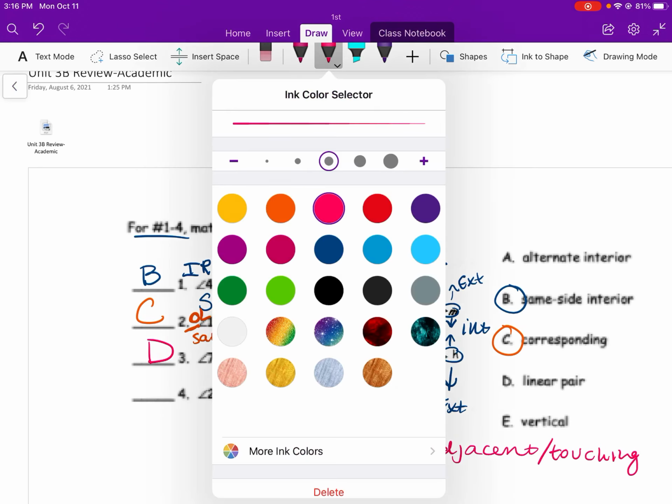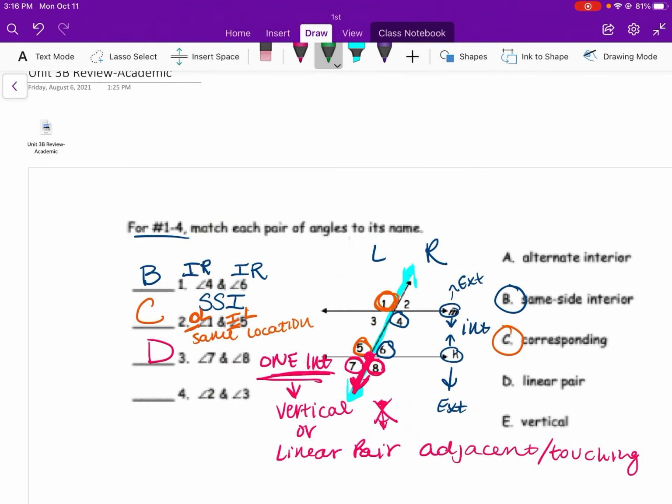Okay, let's look at the very last one. We'll do in green. So now we're looking at 2 and angle 3. So angle 2 is right here, and 3. Once again, I notice these are one intersection.